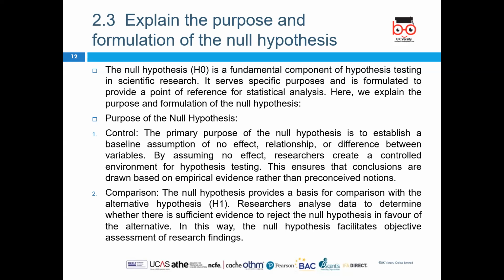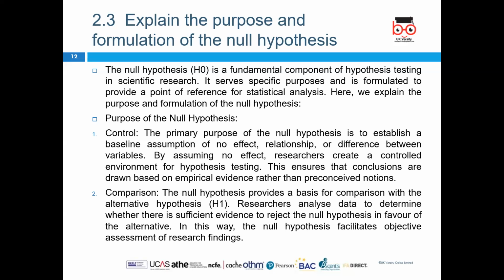You should always remember that hypothesis testing is carried out within controlled circumstances, by selecting a small sample. This ensures that conclusions are drawn based on empirical evidence rather than on preconceived notions. So that is the whole concept of establishing control over the testing of the hypothesis.